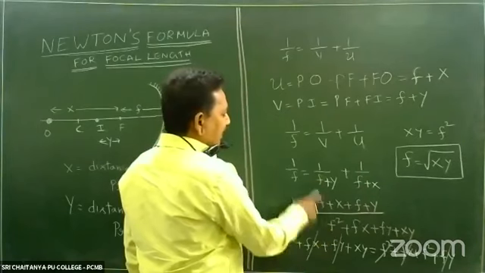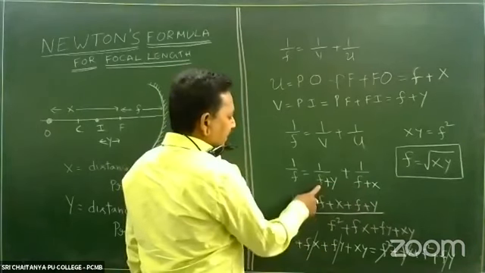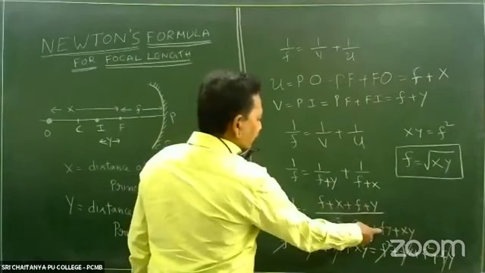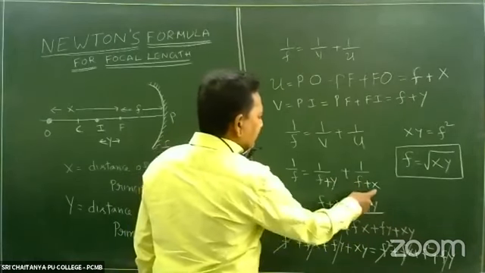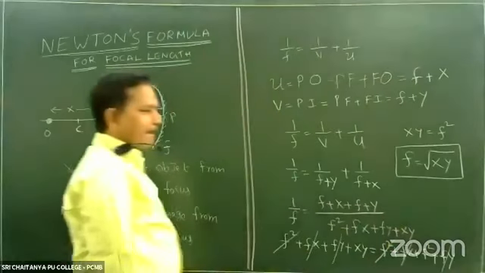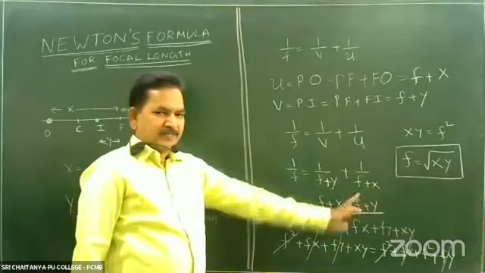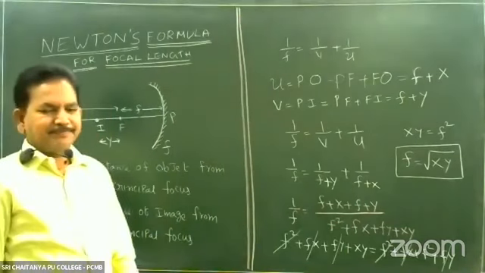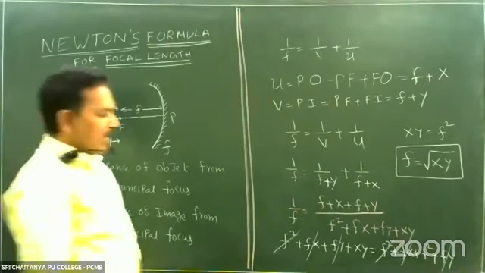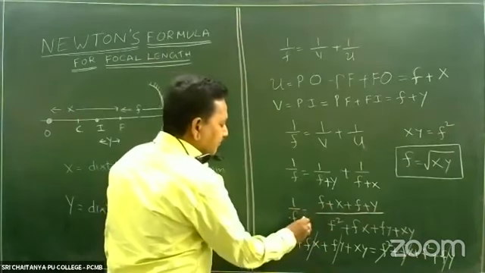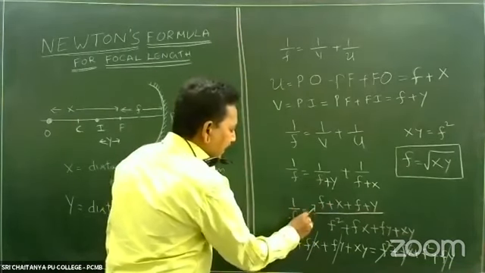Multiplying out, f into f is f square, f into x is fx, f into y is fy, and x into y is xy. The numerator is f plus x plus f plus y. Now cross multiplication.